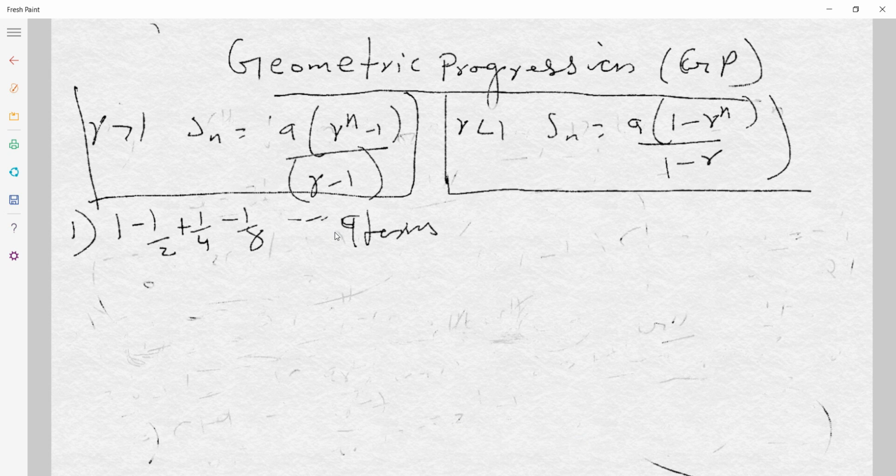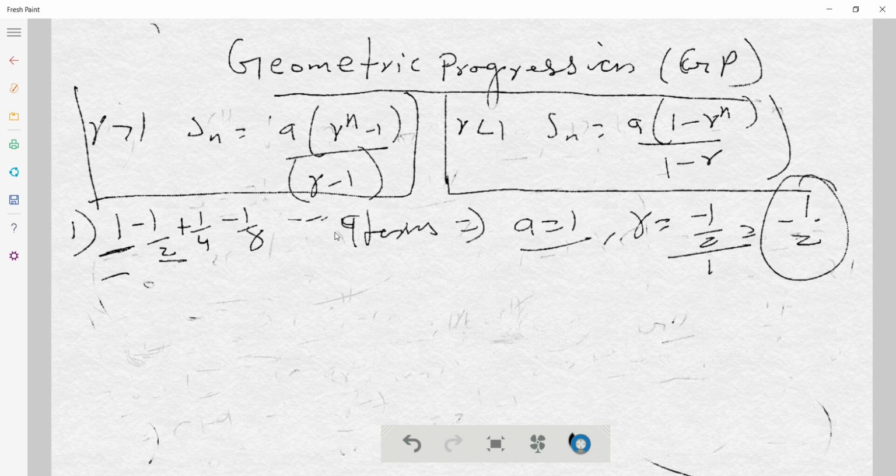We have 9 terms. As usual, we need to work out the value of a, which is 1, from here. Then we work out the value of r, which is minus 1 by 2 over 1, so r equals minus 1 by 2.